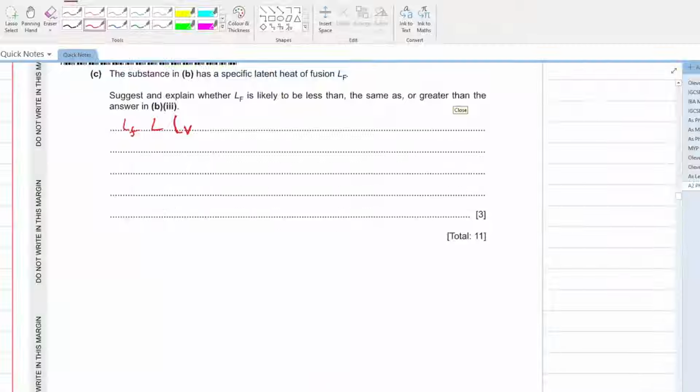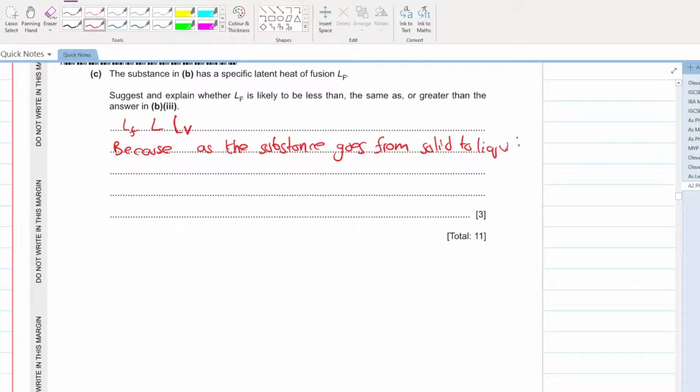Because in vaporization, there is a big change. You can write this as well. As the substance goes from solid to liquid, there is a smaller change in spacing.